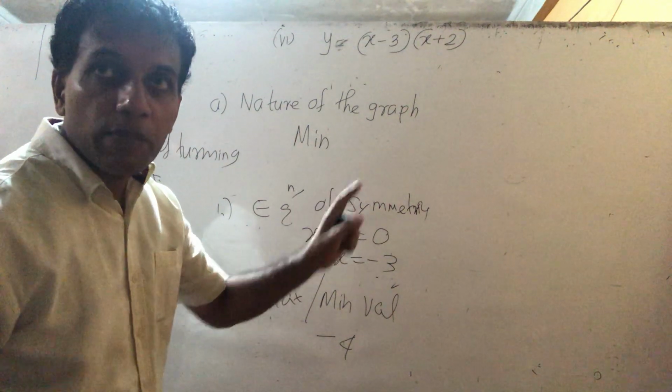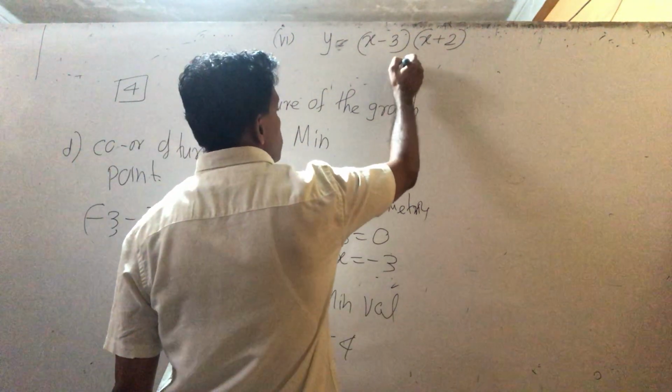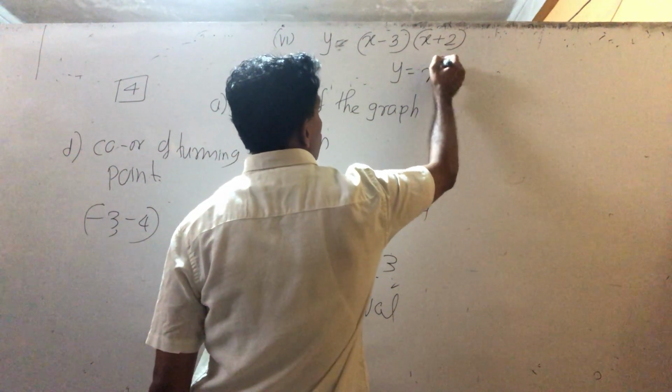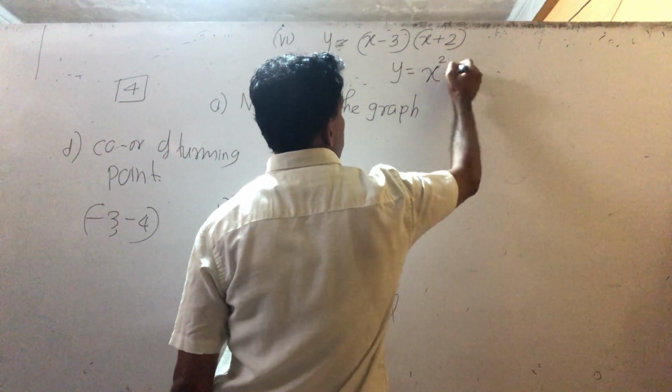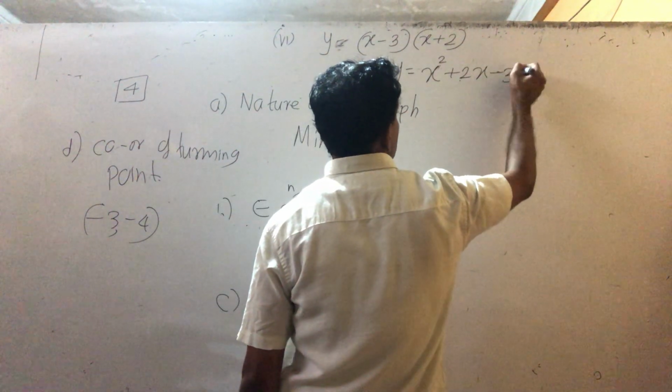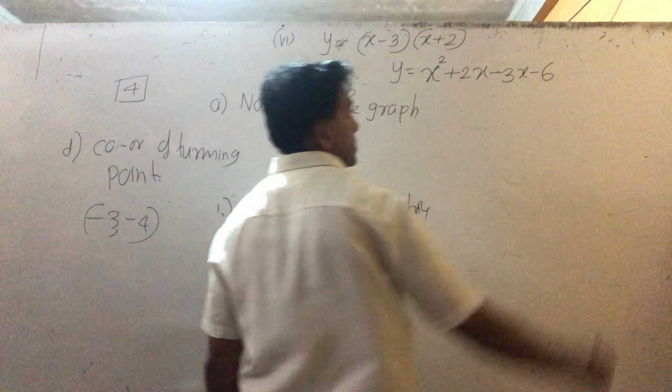So here we multiply the bracket first. y equals x times x is x squared, x times 2 is plus 2x, minus 3x, minus 6.